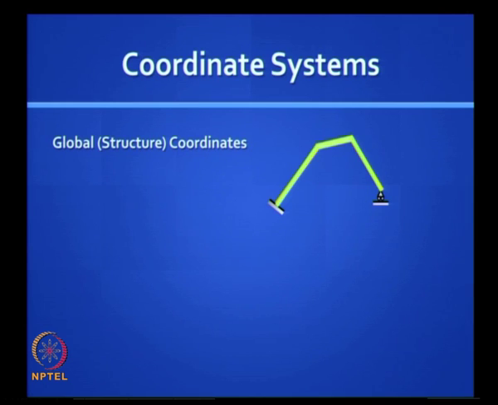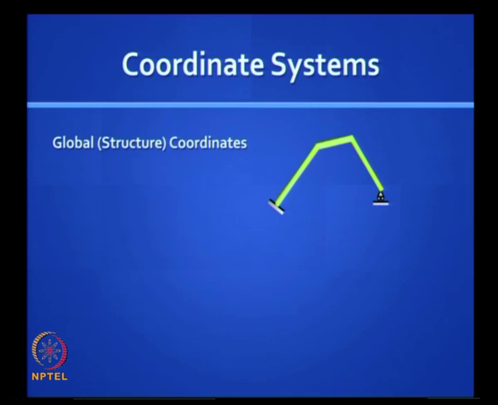Let us say I have a structure like this, okay. I made it a little complicated in the sense you have inclined columns, which you know are the more complicated types of problems you can get. And I have a structure here, it is a plane frame. I first need the computer to get hold of the structure and be able to draw it back to me, so that I can confirm that this is exactly what I want.